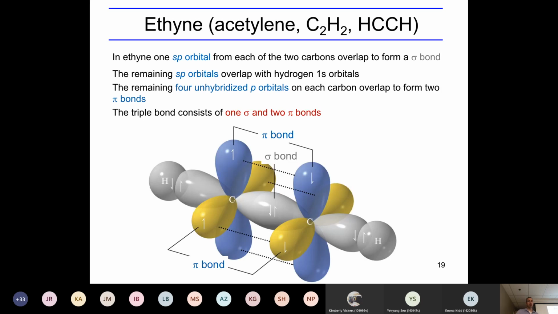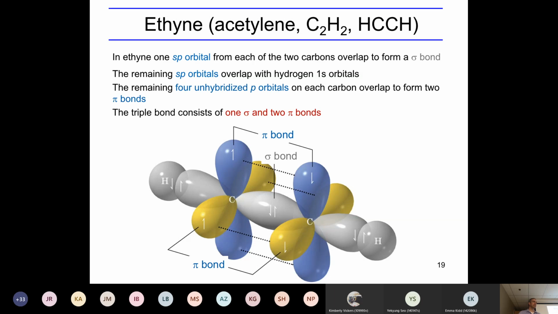So the two carbons here, the gray orbitals coming from the carbons, are the two sp orbitals pointing in opposite directions. The two p orbitals that are left over, you see there's the vertical ones, the blue ones, and there's also the yellow ones. The blue ones overlap with each other to make a pi bond. The yellow ones overlap with each other to make a second pi bond.